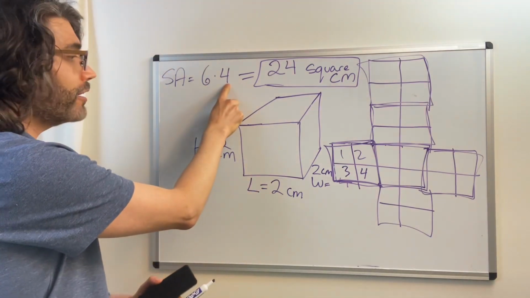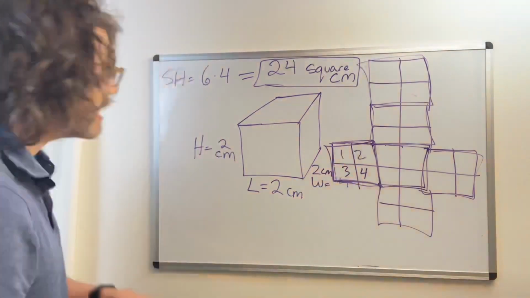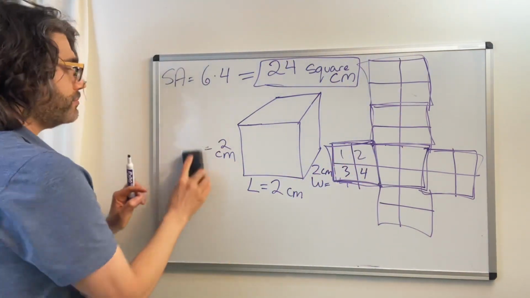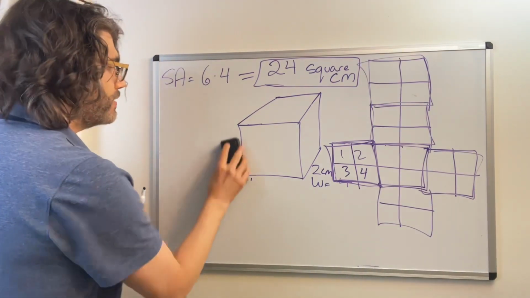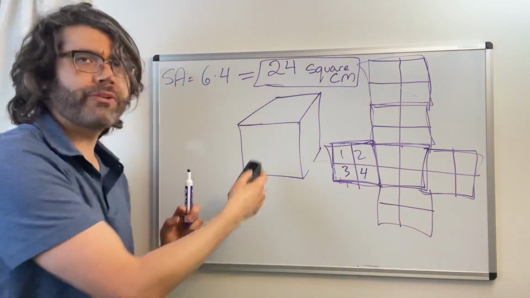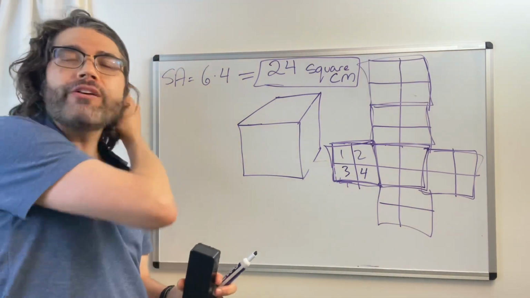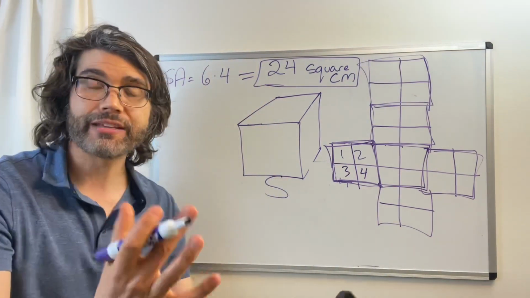Now the 4 is particular to this case. But let's say instead of saying length, instead of saying height, instead of saying width, which are all 2 because it's a cube, why don't I just call it S for side?